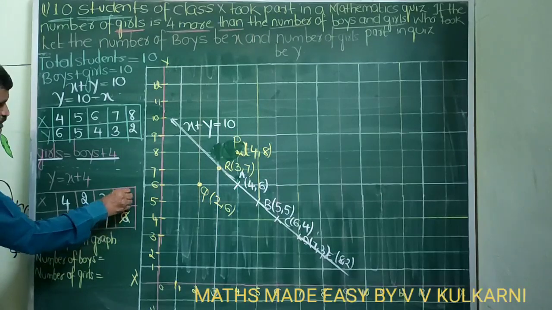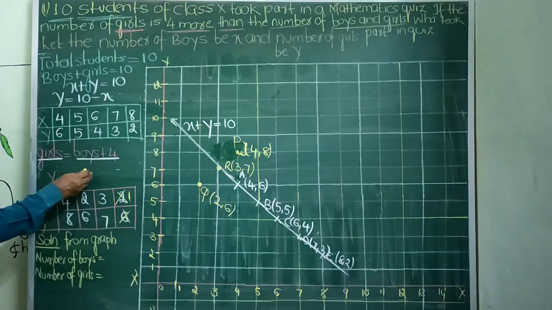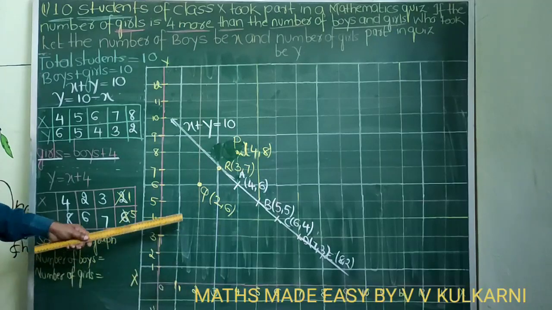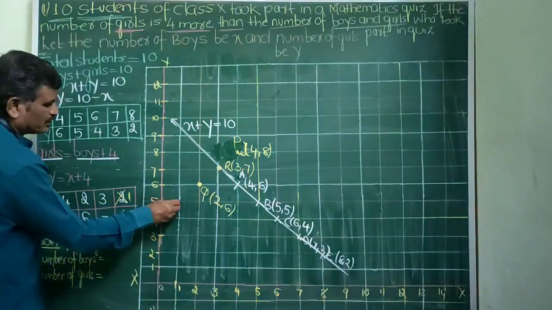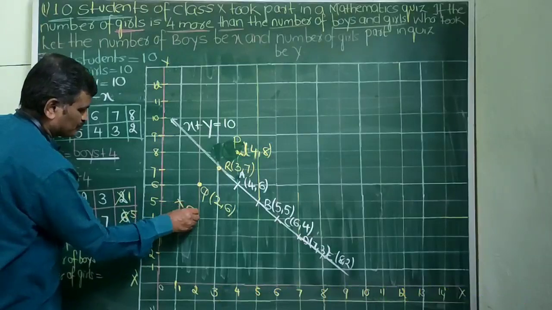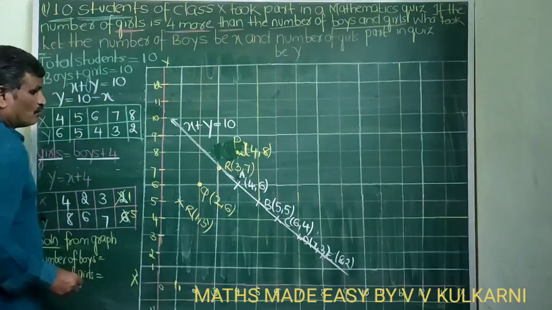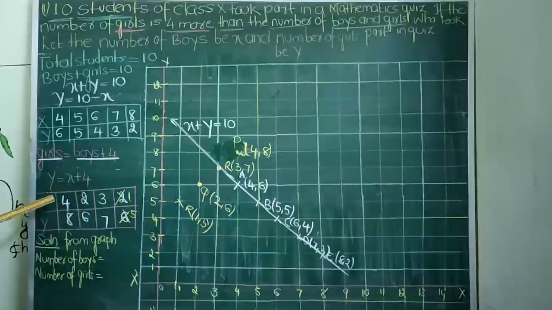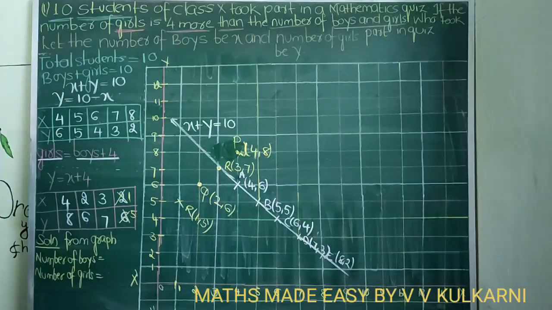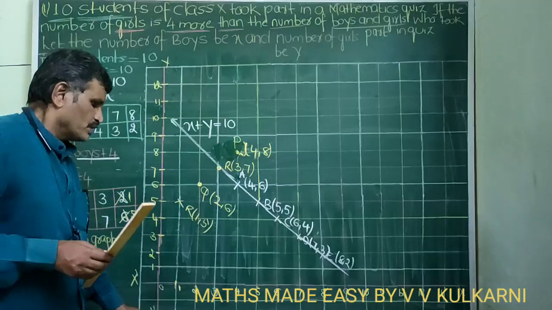So let us say when x is 1, then 1 plus 4 is how much? 5. So when x is 1, y is 5. You can take here this point, say this is R. 1 and 5. So what we got here is, we have got the points plotted on the graph.